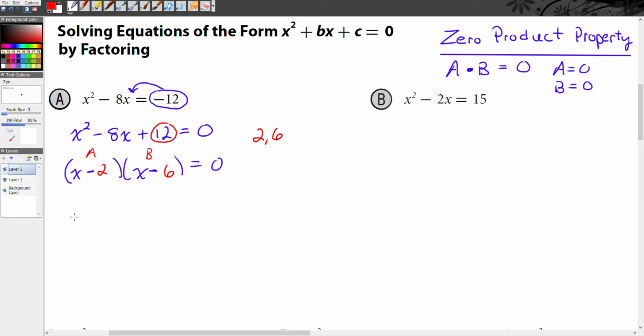So first I can write x minus 2 equals 0, and then also x minus 6 equals 0. And then finally I'm just solving these very basic one-step equations.